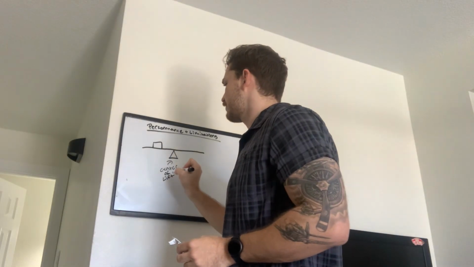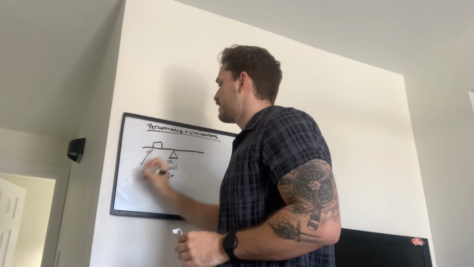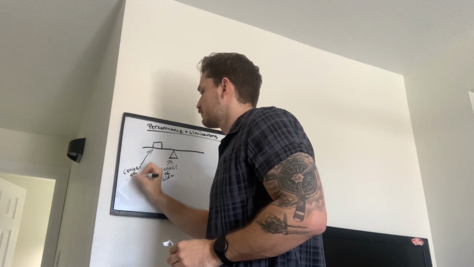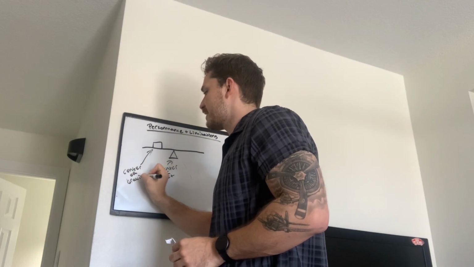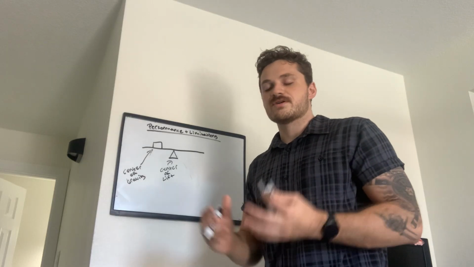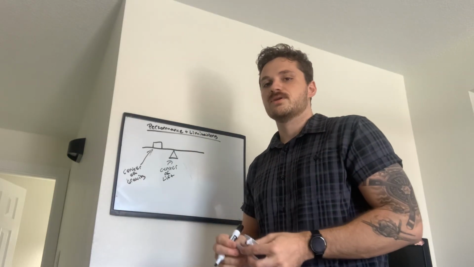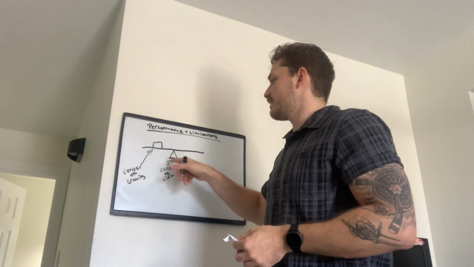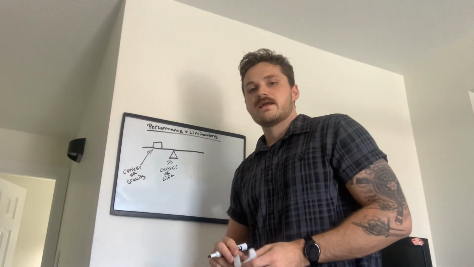So we have a center of lift in the middle, then we have a center of gravity. That center of gravity is just the center point where all our weight is focused. Where is gravity really forcing this plane toward the center of the Earth? So we have center of gravity ahead of that center of lift. Why is it always ahead of the center of lift?